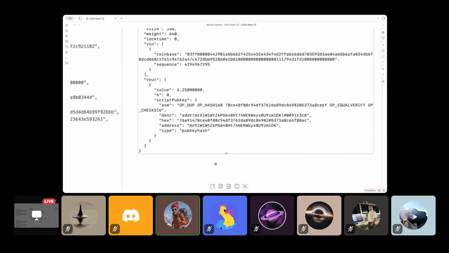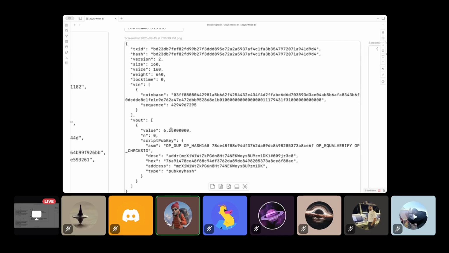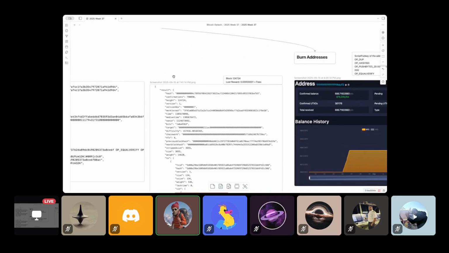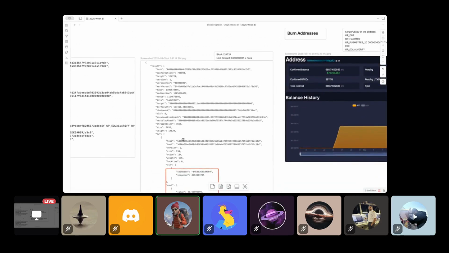So this is another example. Here, the miner voluntarily, or involuntarily, we don't know if it was a mistake, did not claim the 12.5 BTC that he was entitled to. So that's another case.